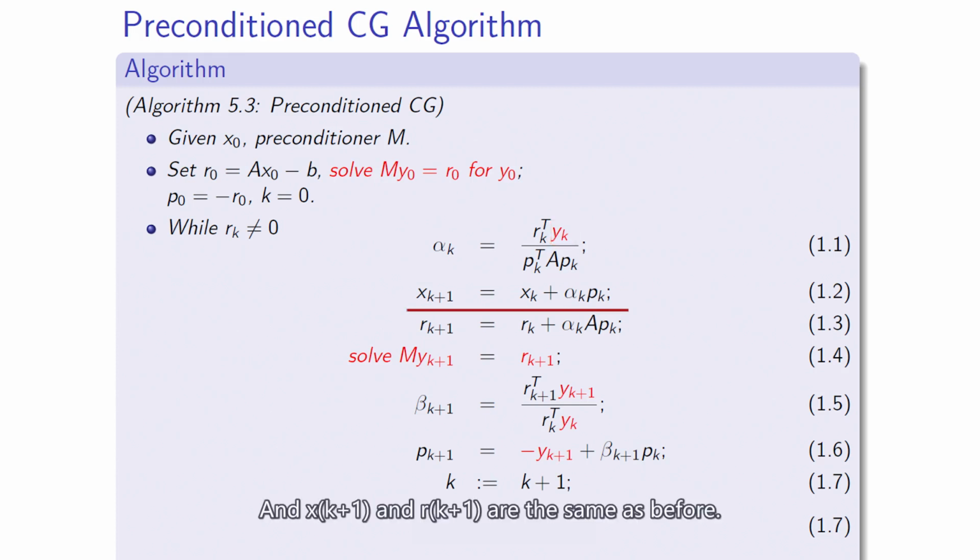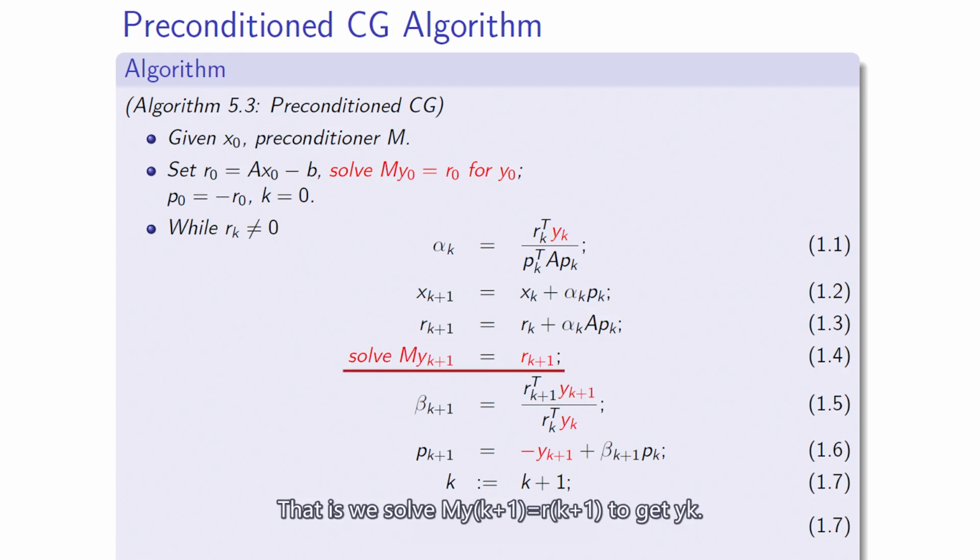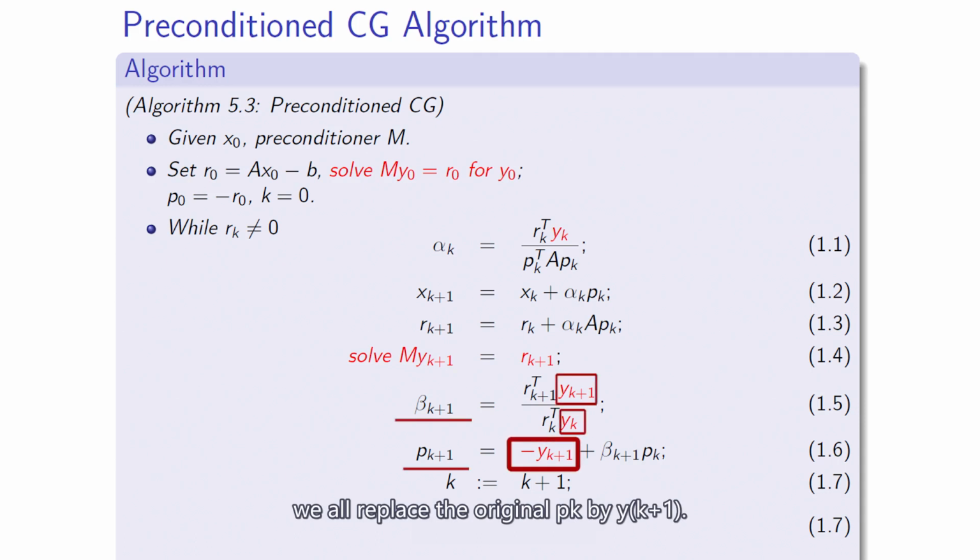And xk plus 1 and rk plus 1 are the same as before. However, after we calculate the residual, we need one extra step to get the original x. That is, we solve Myk plus 1 = rk plus 1 to get yk plus 1. After that, in the calculation of the coefficient and the next conjugate direction, we replace the original pk by yk plus 1.